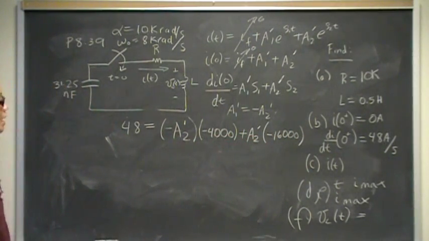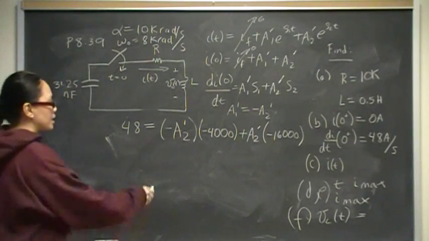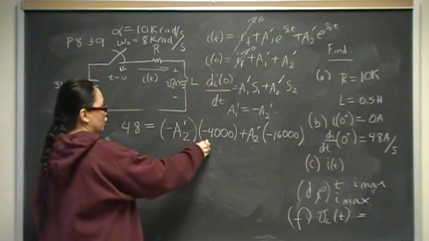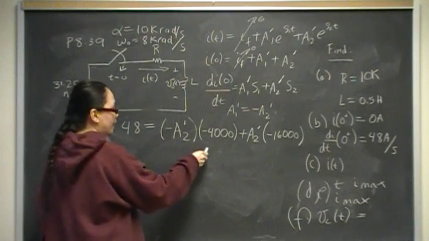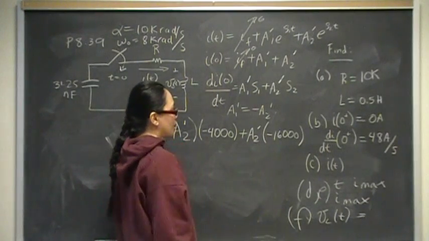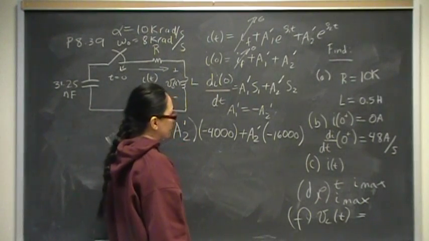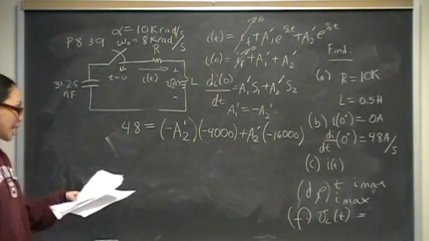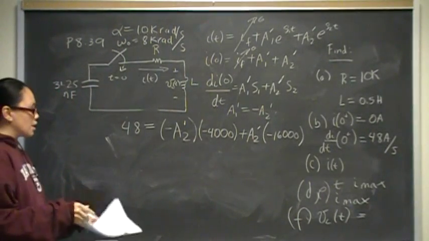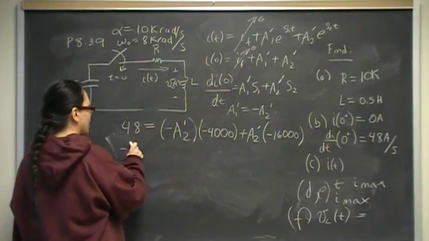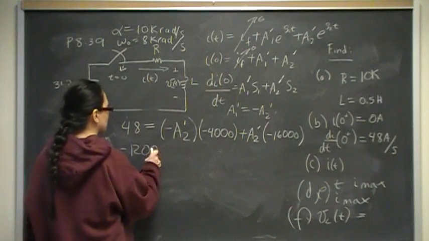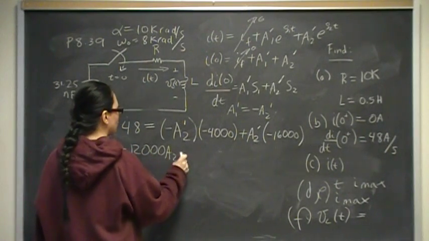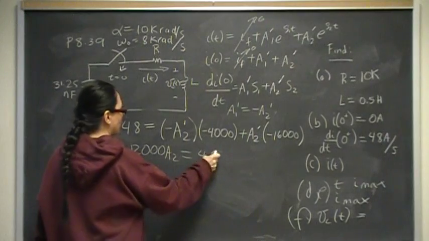Okay. So now we have one equation, one unknown. This becomes positive 4,000 A2, minus 16,000 A2 is going to give you negative 12,000 A2. So we got negative 12,000 A2 over 48.